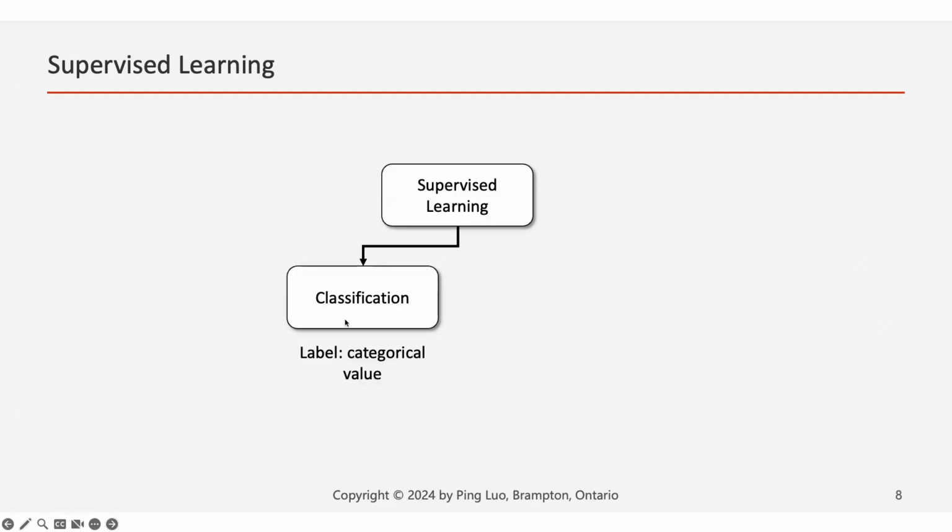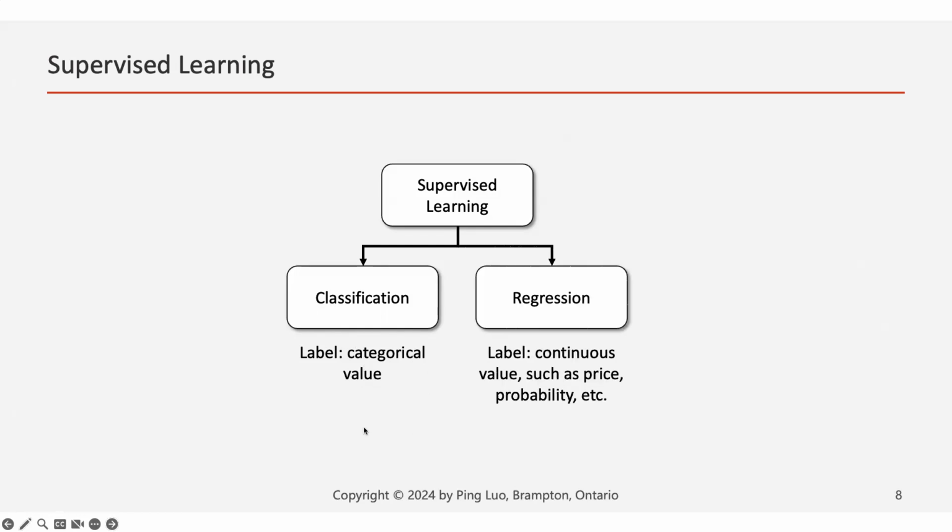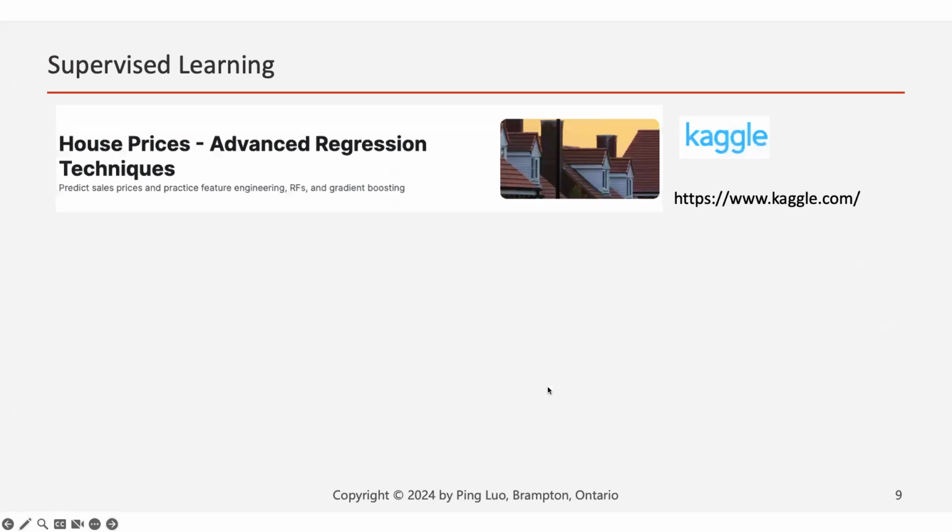These two examples I just showed are called classification, because the labels are categorical values. But there's also another kind of problem called a regression problem, where the label is a continuous value. For example, on the Kaggle website, they have a housing prices data set.